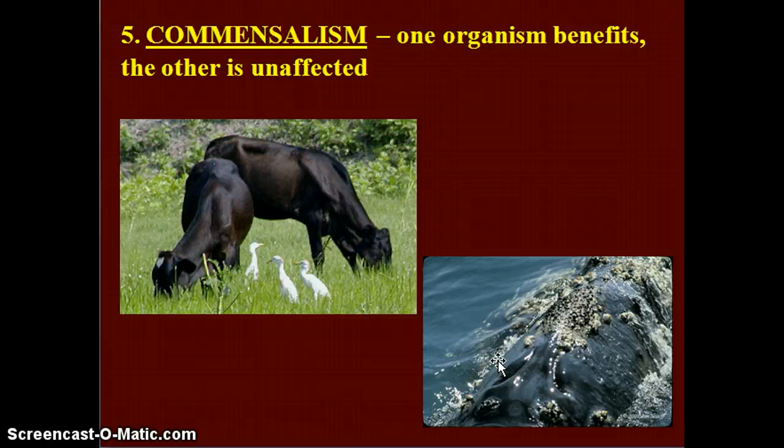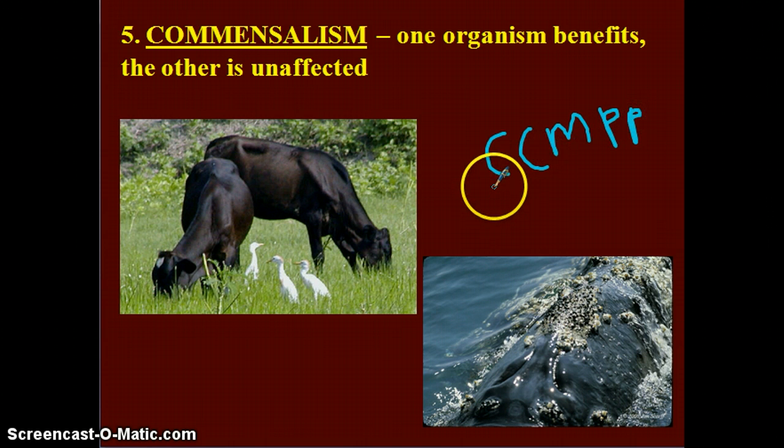The barnacles are the ones that benefit. So we have, to review, C, C, M, P, P, where it stands for commensalism, competition, mutualism, predation, and parasitism.